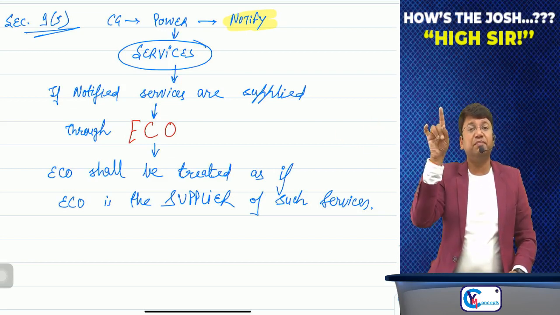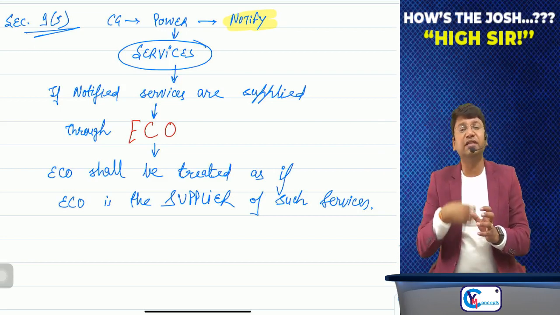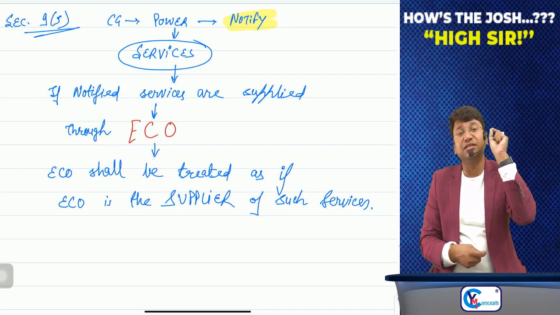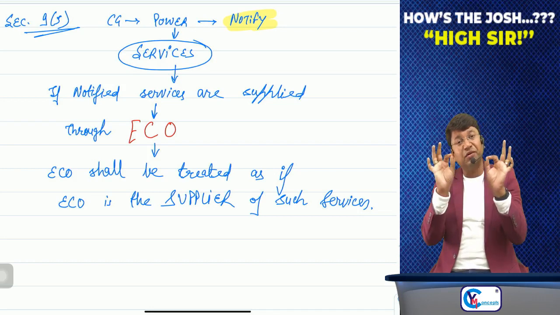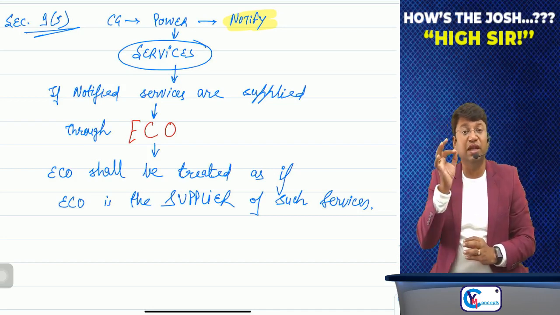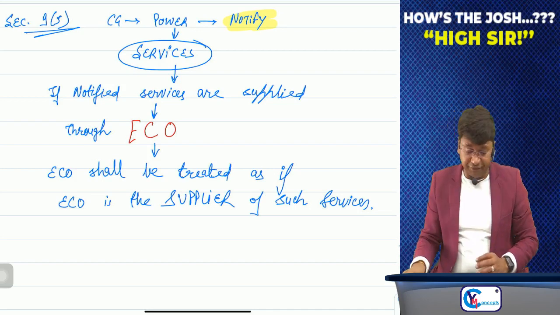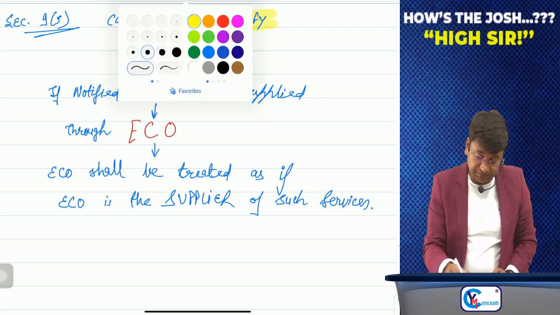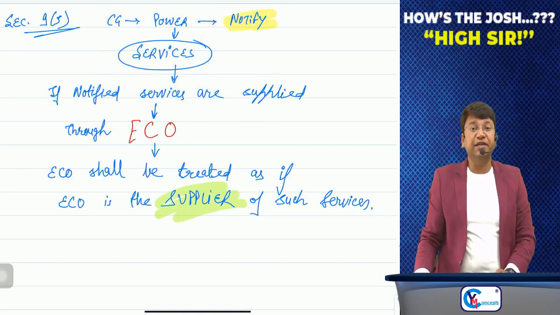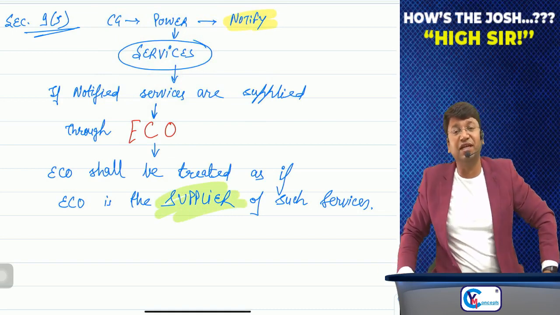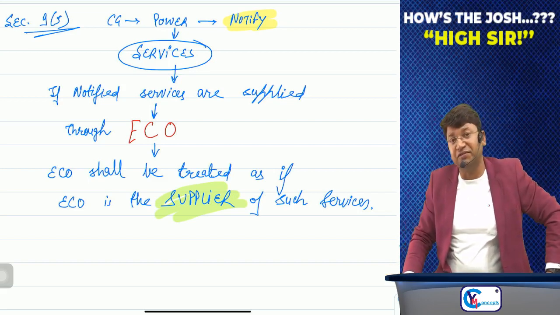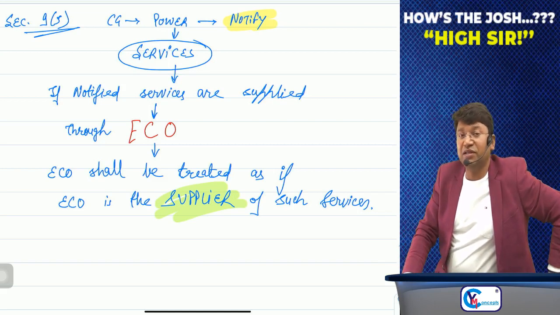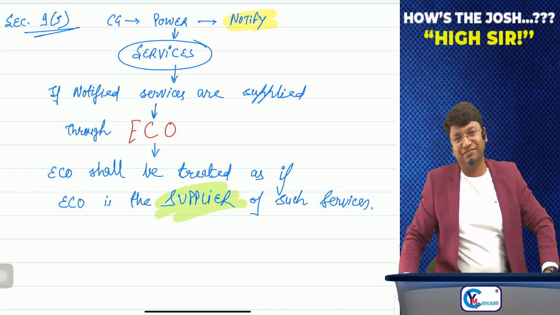Sir, government has the power to notify certain services, and if they have notified those services, then if you are supplying those notified services through any electronic commerce operator, then ECO, electronic commerce operator, will be treated as if ECO is the supplier of such services, and all the provisions of the act will apply on ECO as if he is the supplier of such services. And sir, ECO will have to pay the tax.